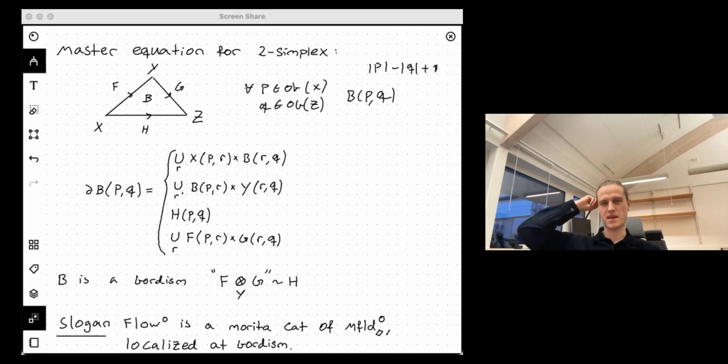This is happening at the same level as the bordisms from before. But now the corner structure is going to be a bit different, because at one end of this bordism, I can think of this as a bordism going in this direction in the simplex. So at one end, I have just a normal flow bimodule.